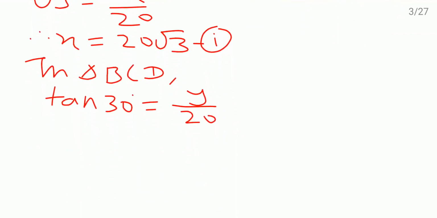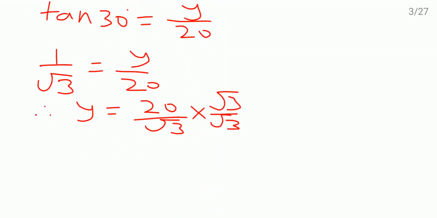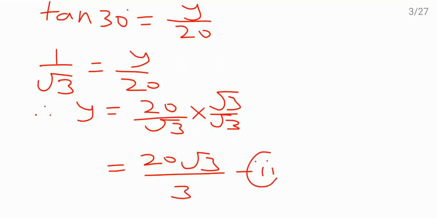See here, tan 30 is 1 by root 3, Y by 20, 20 I will send it to the left hand side, therefore Y, which is equal to 20 by root 3. I will rationalize the denominator here itself, multiply and divide the given number by root 3, so that it is 20 root 3 by 3, right? Name it as 2.